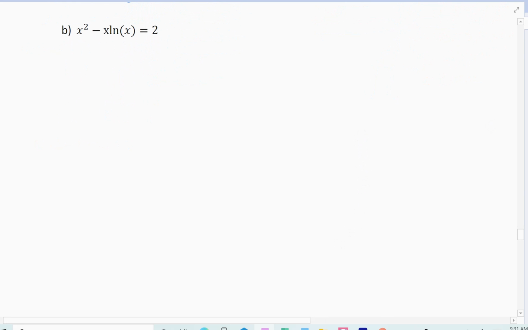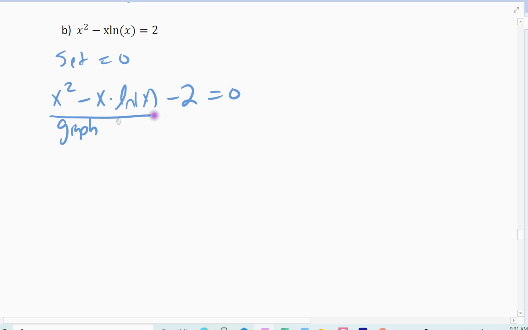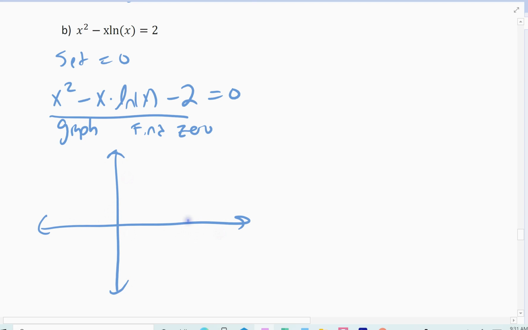If I'm going to do the first case, I'm going to have to move the 2 over and solve for the 0. So set it equal to 0 first. Move the 2 over: x squared minus x times the natural log of x minus 2 equals 0. Graph this side and find its 0. A standard window I believe should work just fine.